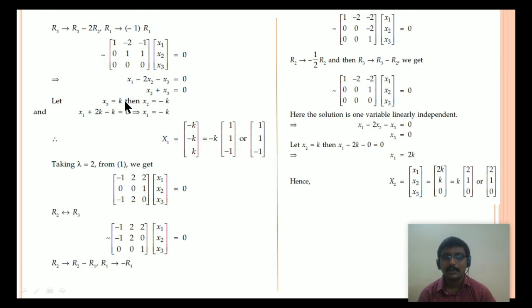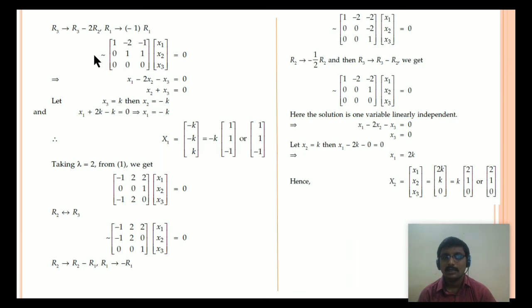Now we have to define the arbitrary constant k, which is assigned to one variable, that is x3. So x3 is assigned k and x2 becomes minus k. Here we are assigning one arbitrary constant because the rank of A is r, which is equal to 2, and the number of variables n equal to 3. Since 2 is less than 3, we have to assign one constant because n minus r is 3 minus 2 equal to 1.